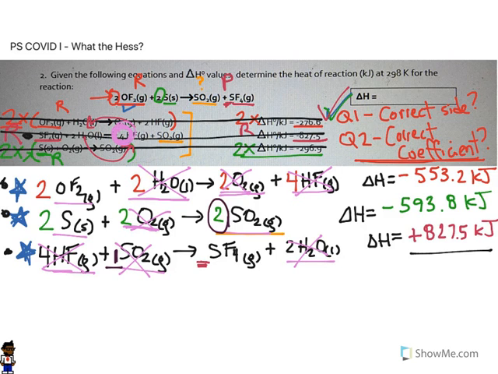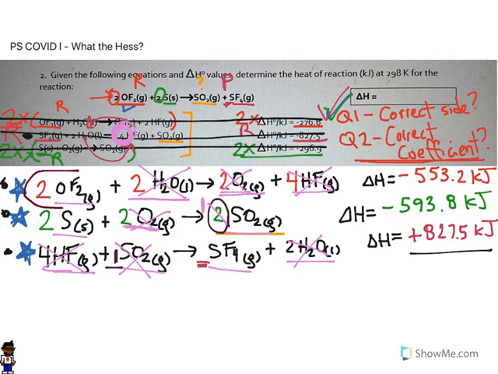You will cancel out 1 SO2, which means over here you no longer have 2, you have just 1 SO2. And moving on to the next reaction, all that we have left to play with is the SF4. Does that show up on any of the reactant sides of the reactions? No, it does not.